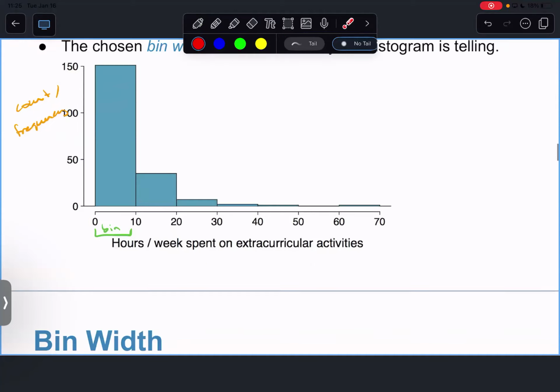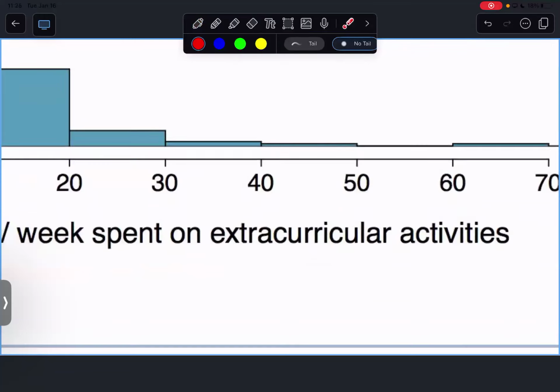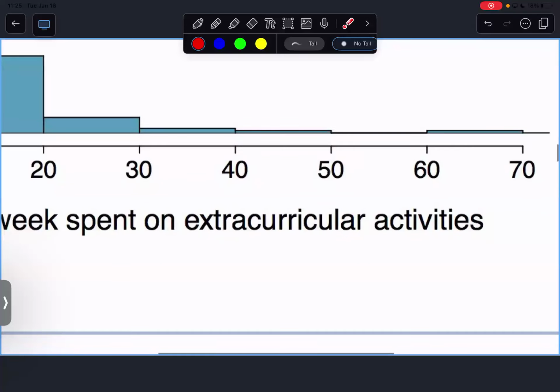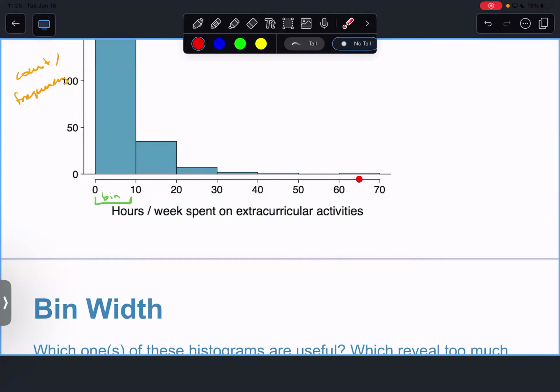Here it's very, very tiny, but it looks like no one reported spending between 50 and 60 hours per week on extracurricular activities. And this one makes me exhausted just looking at it. 60 to 70 hours, either super fun or exhausting, I don't know.